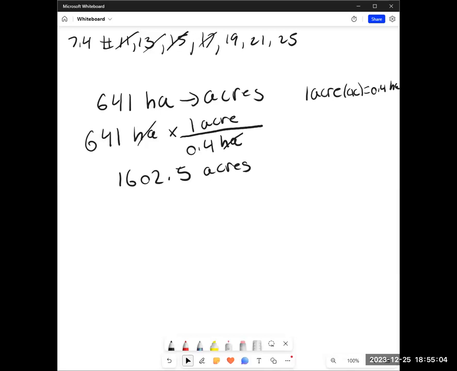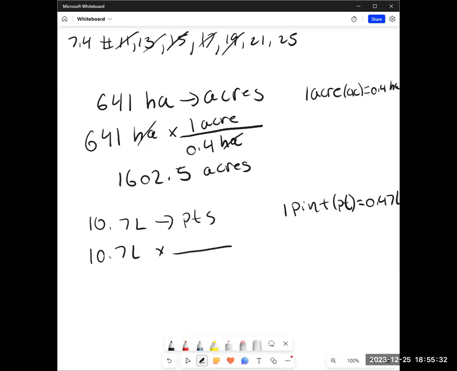And now for one like number 21, 10.7 liters to pints, where 1 pint equals 0.47 liters. 10.7 liters times 0.47 liters on the bottom and 1 pint on the top.